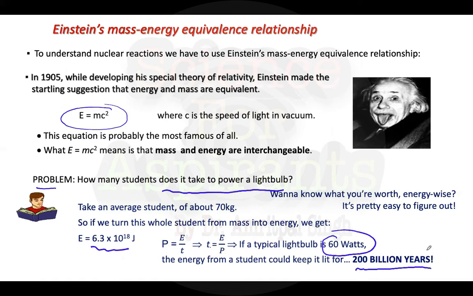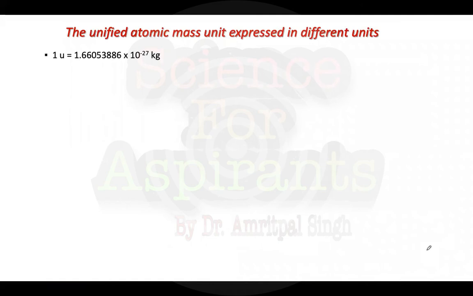So if we try to extract energy from a single student, it can light up this 60 watt bulb for this much time, and now you wonder how much energy you are carrying within yourself. We generally say that everyone is made up of matter, so the human body is carrying a huge amount of energy.